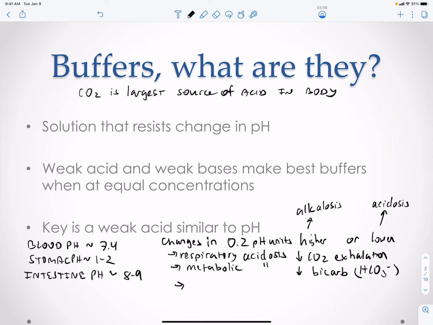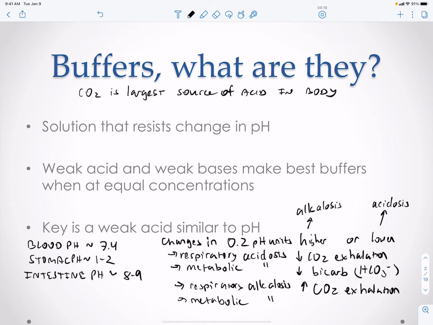And then respiratory alkalosis is caused by an increase of CO2 exhalation. And then metabolic alkalosis is due primarily to excessive vomiting of stomach acid.